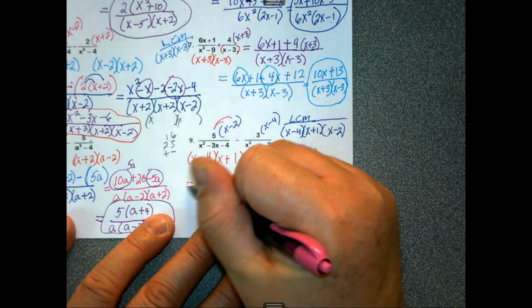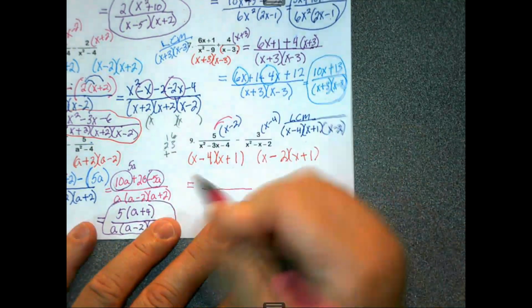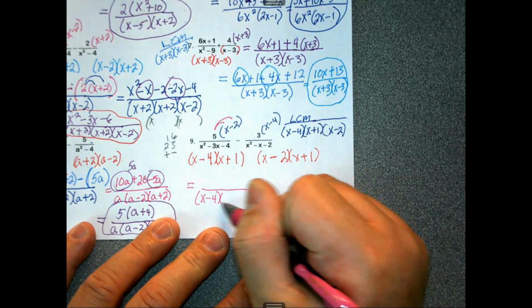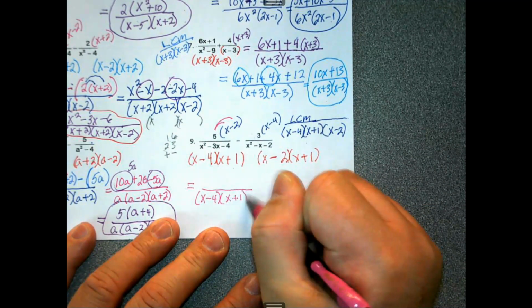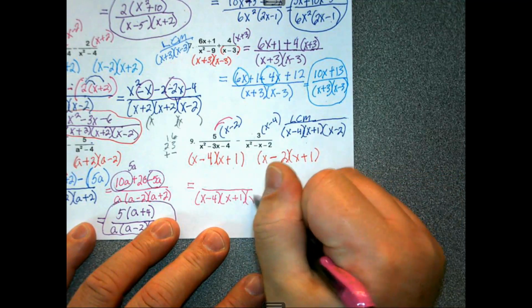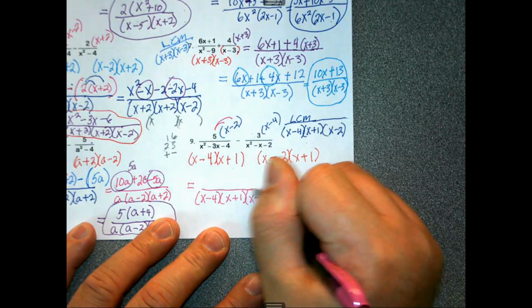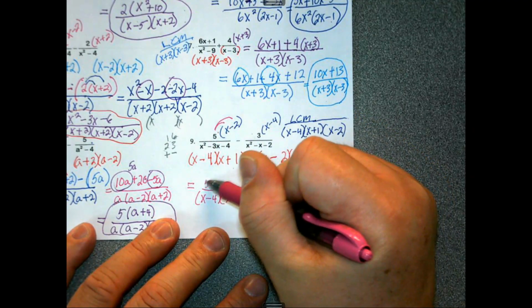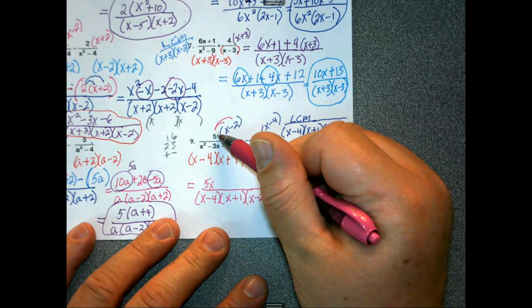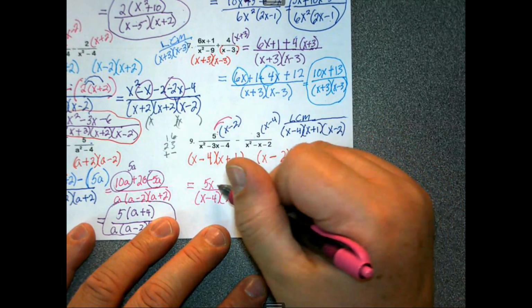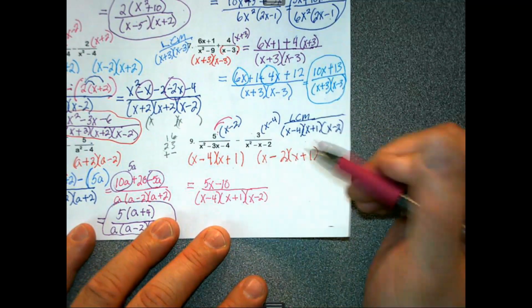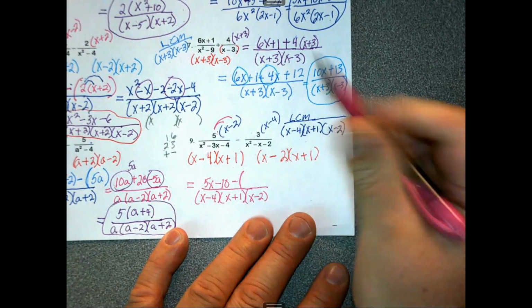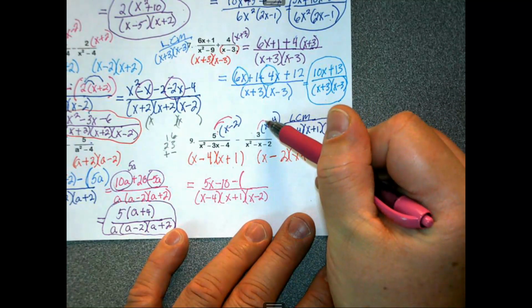So this is all going to be over our LCM, x minus 4, x plus 1, and x minus 2. Okay, 5 times x, 5x. 5 times negative 2, negative 10, minus 3x.